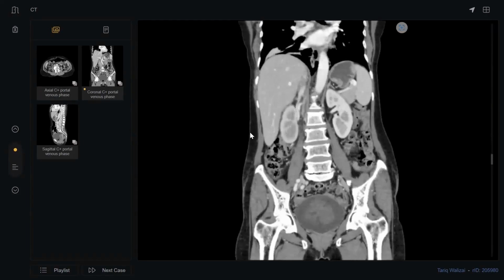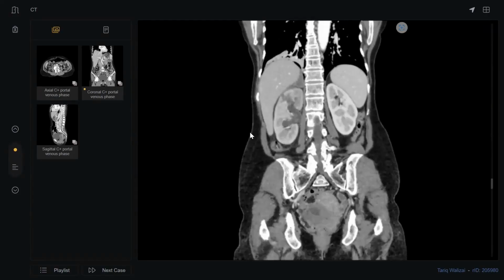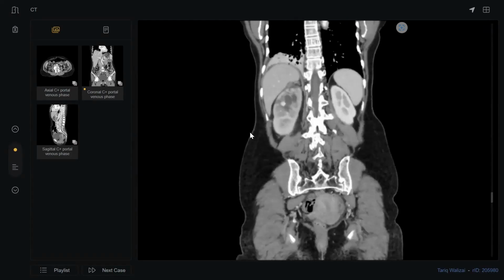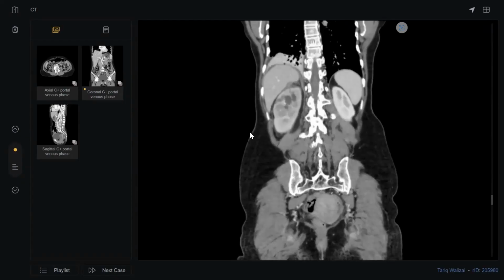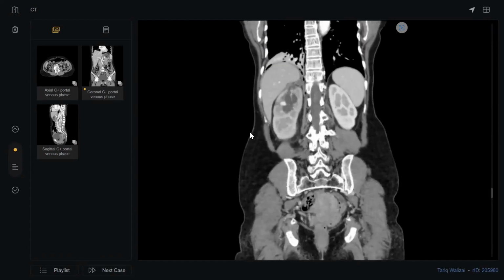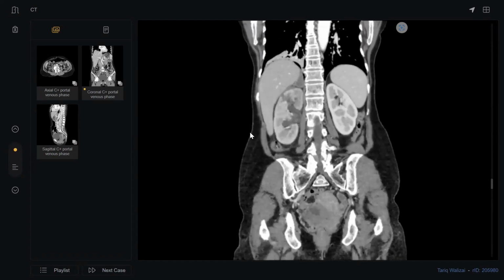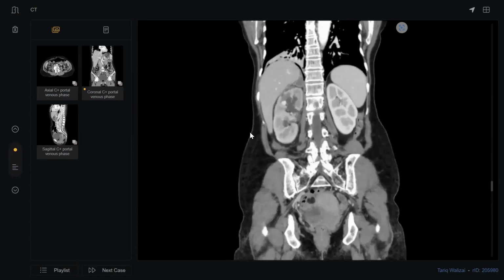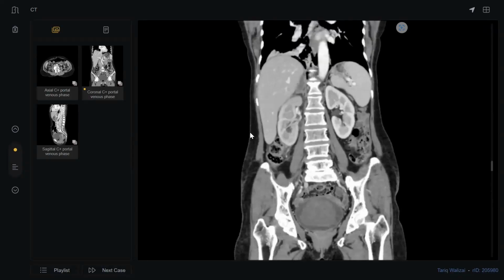In the coronal view, I noticed that pelvicalyceal system, again there is a contrast outpouching adjacent to the lesion. This could be some vasculitic process causing inflammation and secondary pseudoaneurysm formation in the kidney. What else?